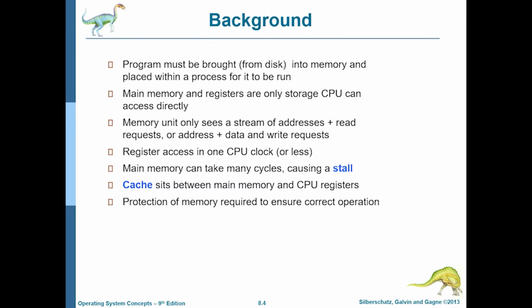Also, the operating system needs to protect its own memory area, because if other processes can trample into the memory areas of the operating system, then they can corrupt that memory area maliciously or otherwise, or viruses can get into that, and then the whole system is compromised.